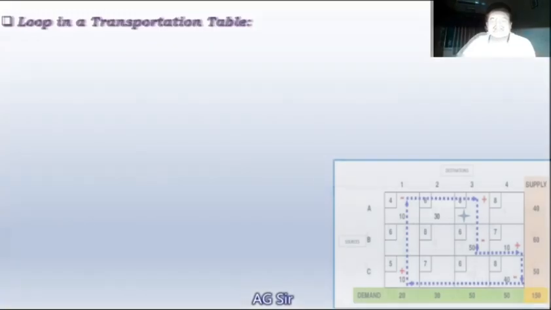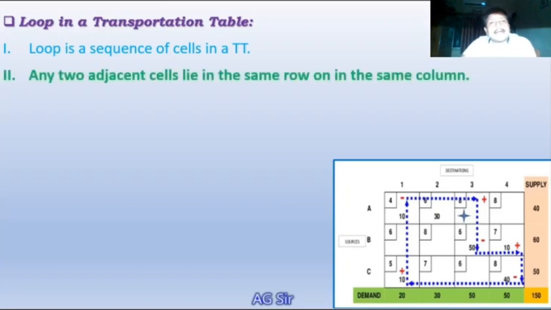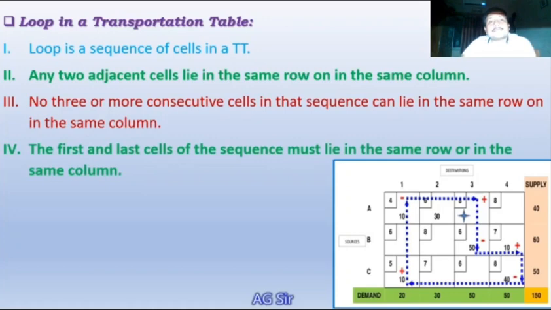Another interesting concept in the case of the transportation problem is that of a loop, which is a sequence of cells in a transportation table, and any two adjacent cells lie either in the same row or in the same column. No three or more consecutive cells in this sequence can lie in the same row or in the same column, and the first and the last cell of the sequence must lie in the same row or in the same column.